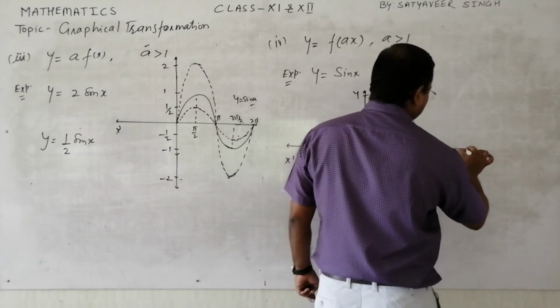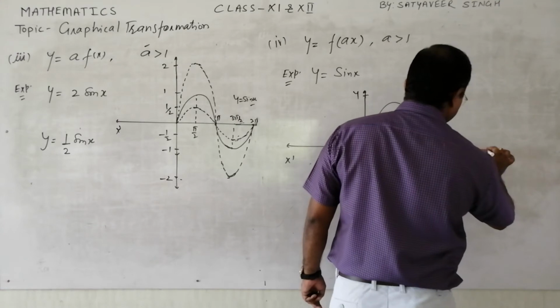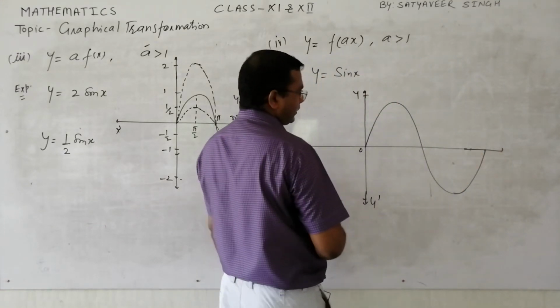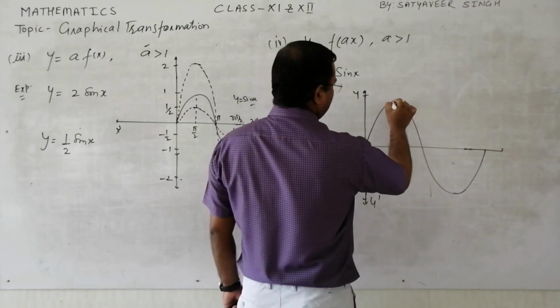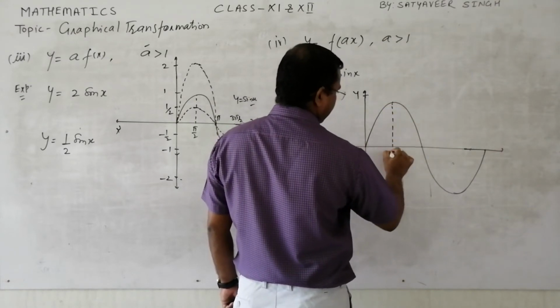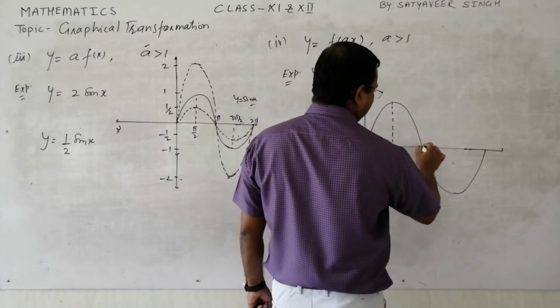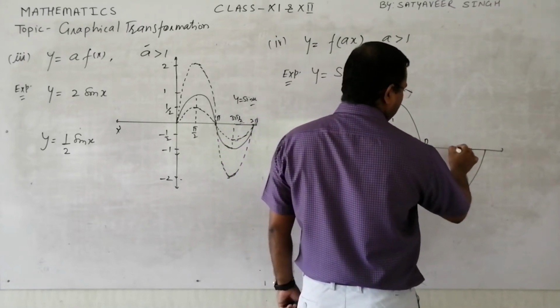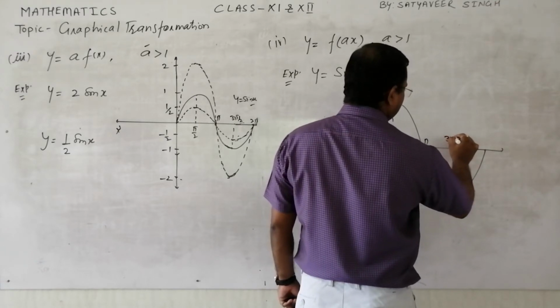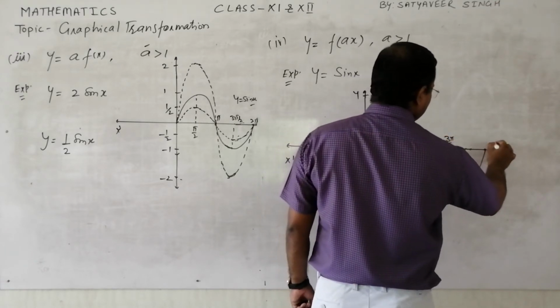Maybe you will be getting this kind of graph. These are some points: this is pi by 2, here this is pi, this point is 3 pi by 2, and this is 2 pi.